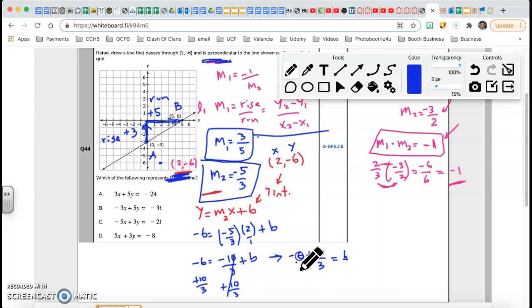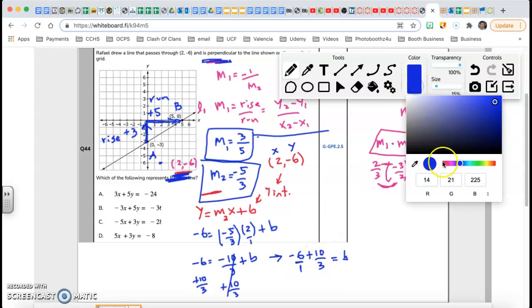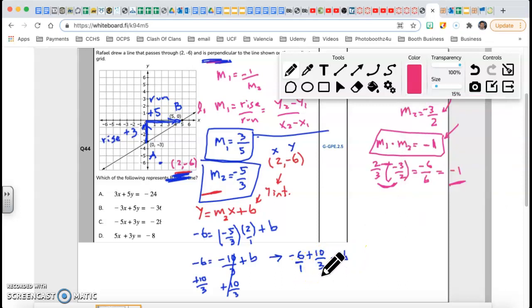So first of all, I need to make the whole number a fraction. To add two fractions, they need to have the same denominator. A quick shortcut that I use is I need to have the same denominator. I have a 3 here. How can I turn this one into a 3? By what number do I need to multiply? That's right. I need to multiply this times 3.